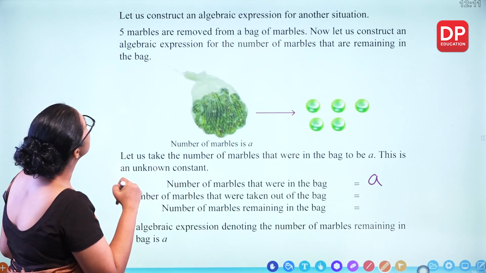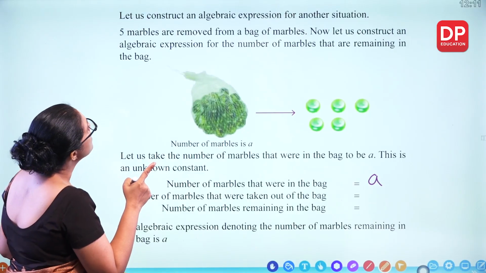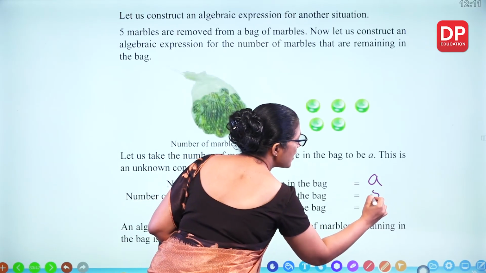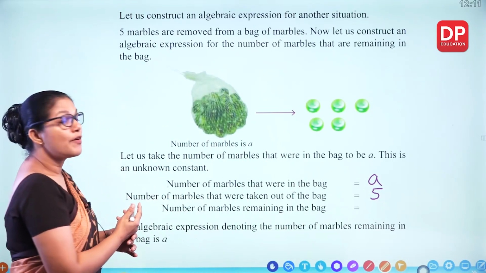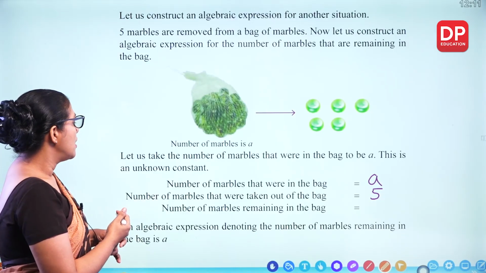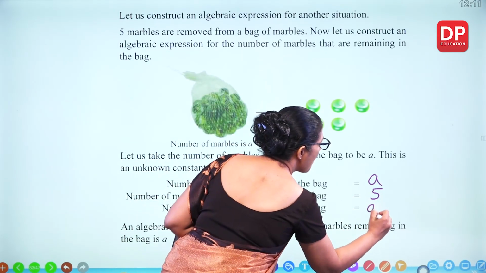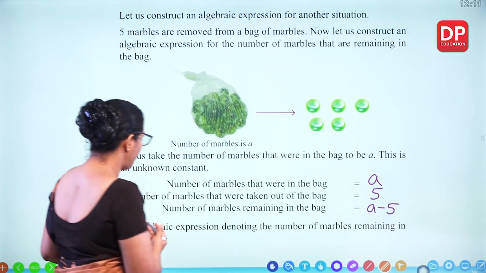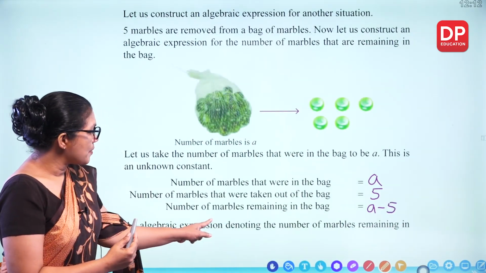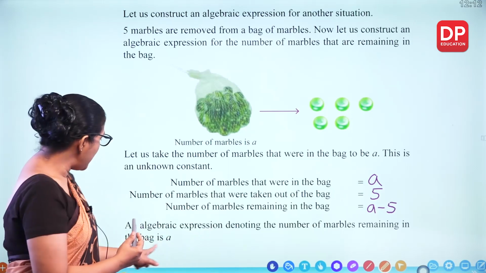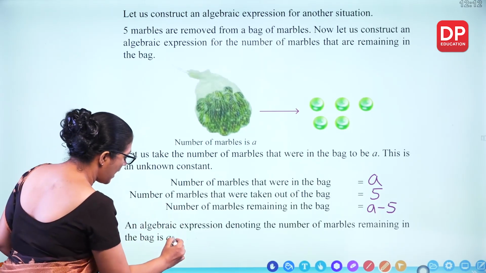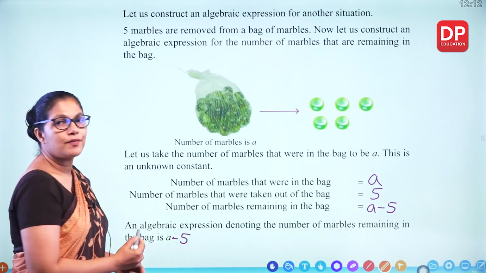How many marbles taken out? 5 marbles are removed. So you are taking 5. So what's the remaining number of marbles in the bag? A minus 5. So an algebraic expression denoting the number of marbles remaining in the bag is A minus 5.